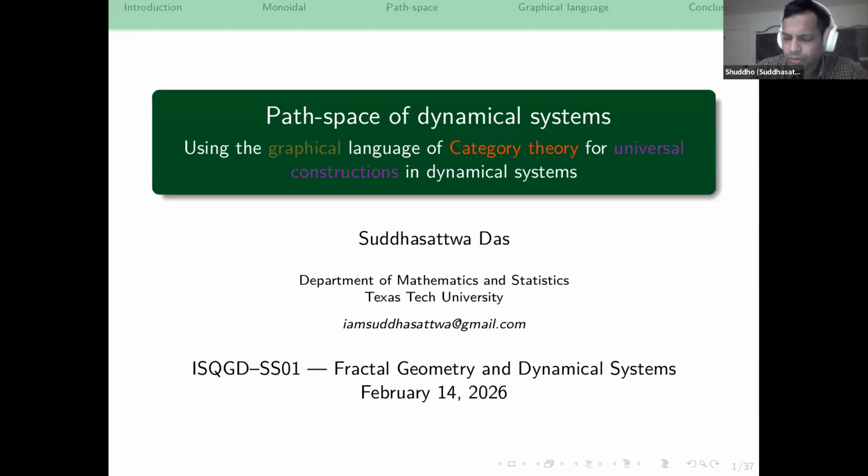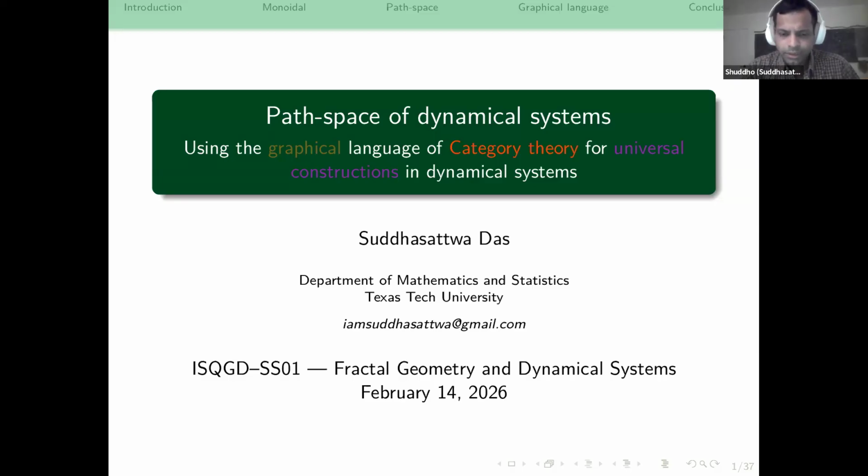In fact, one of the earliest perspectives towards stochastic processes, by Kolmogorov and by Doob, was that we should characterize any stochastic process as a shift invariant measure on the space of sample paths. So at the very least, what I wish to convey to my audience today is this idea of a path space and how it can be constructed, not by the usual pointwise or set theory definitions, but by something called a universal property.